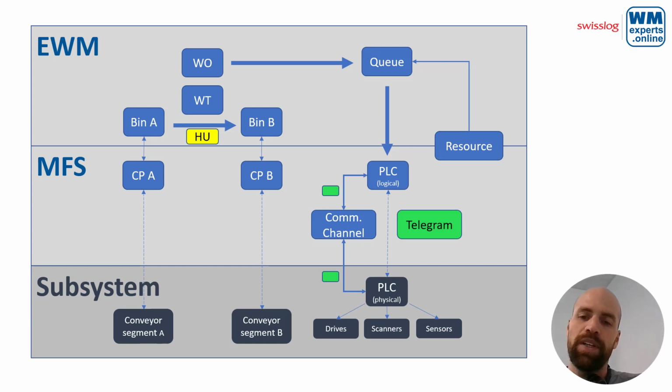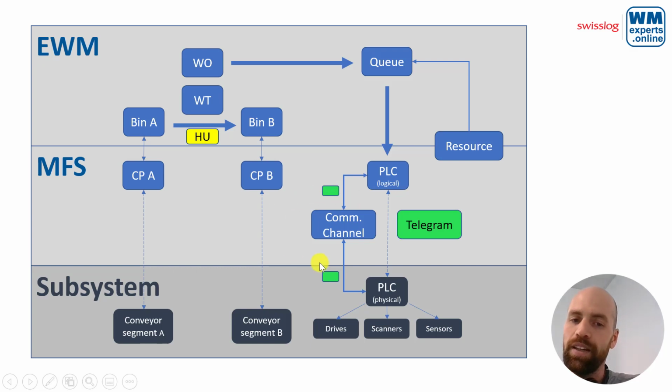To wrap it up, before we come to the last important object, HU moves from A to B. We have the communication point, and we have the queue, which flags the movement as being relevant for the PLC. A PLC as a logical object in EWM has a communication channel assigned to it, and the communication channel holds the data which is relevant in order to communicate.